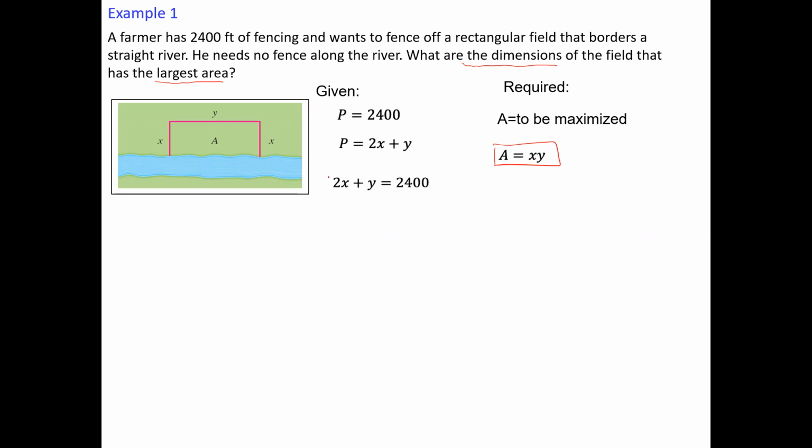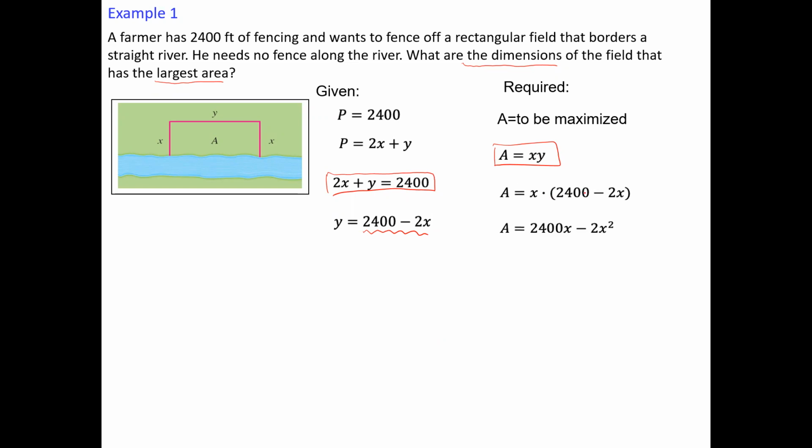As we know, 2,400 feet is 2 x's and 1 y. Solving this equation for y, we get 2,400 minus 2x. Let's take this 2,400 minus 2x and substitute into our formula.